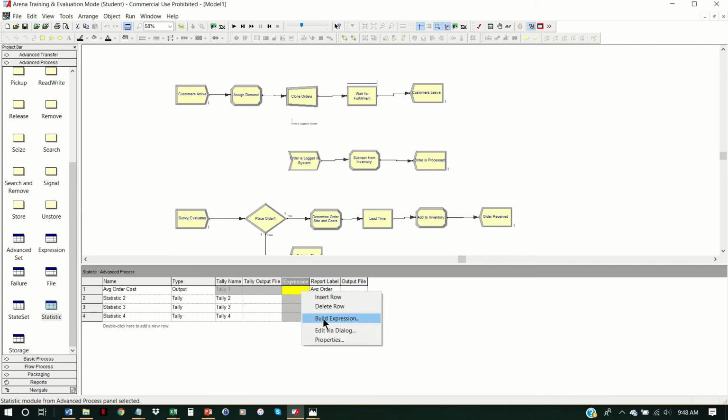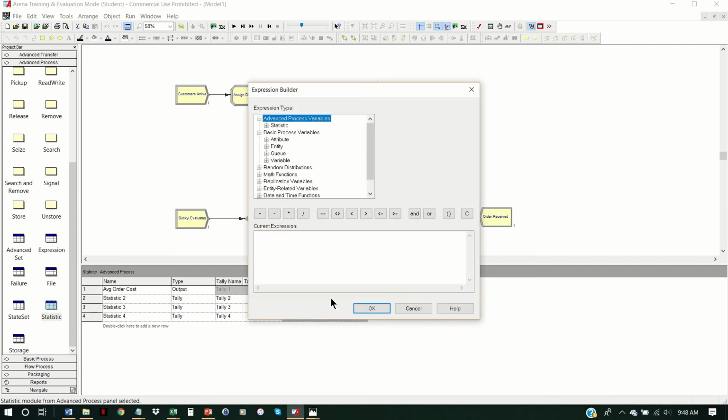This is going to be equal to the total order cost that we're keeping track of divided by the current time in system. It will try to calculate this at the beginning, and at the beginning of our system, t now is equal to 0, so we'll get an error message if we just put this in. We'll say try to divide by 0. We can't do that. So we're just going to add a very, very small amount so that doesn't happen.